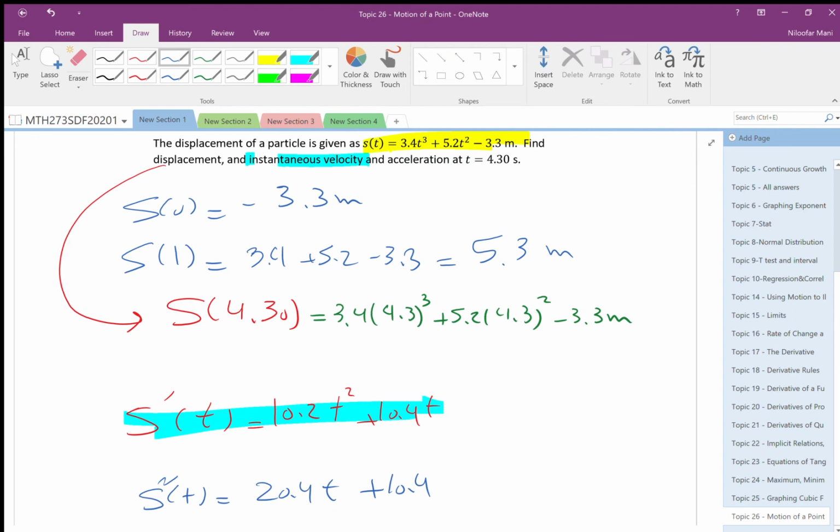Let me find the answer for the other one. 3.4 times 4.3 cubed plus 5.2 times 4.3 squared minus 3.3, which is 363.